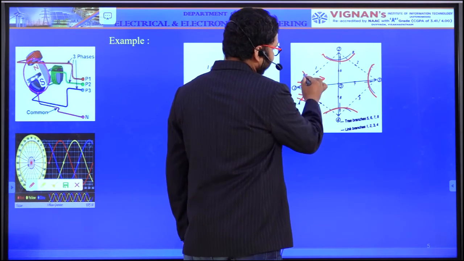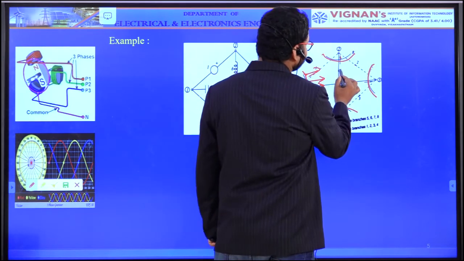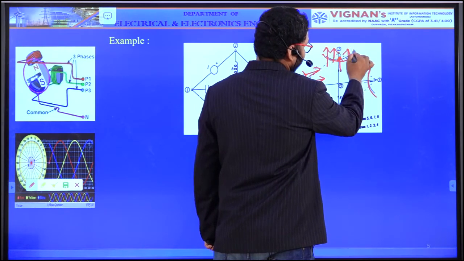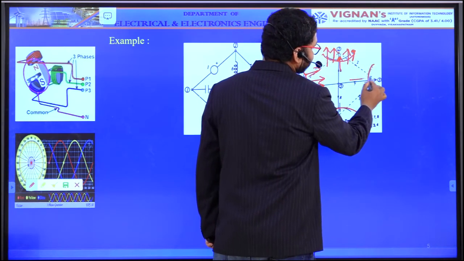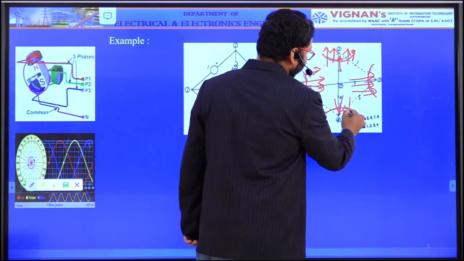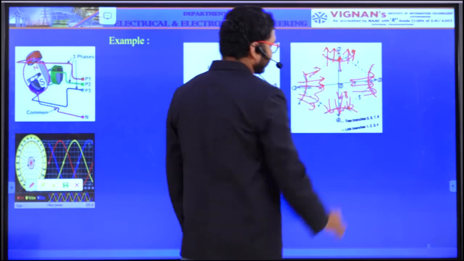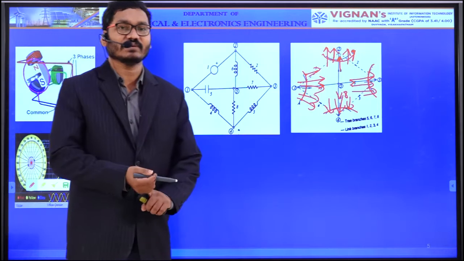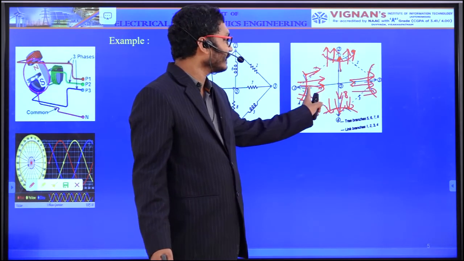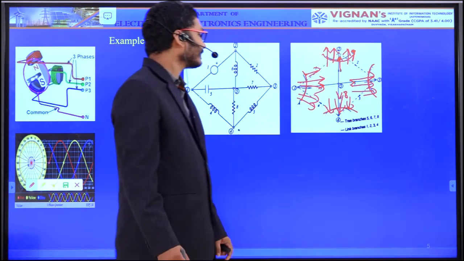Here also the tree branch direction is like this. Understand? So the cut set direction is the same as the tree branch direction.